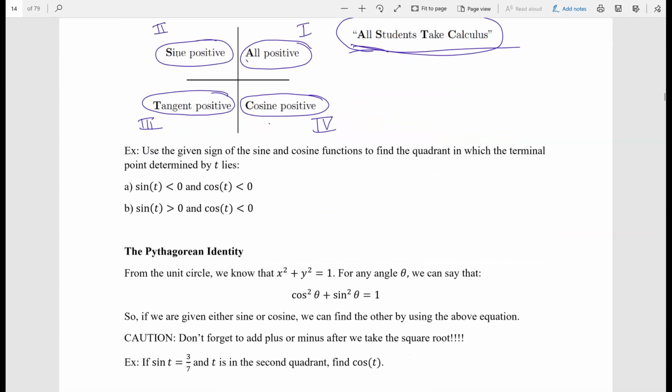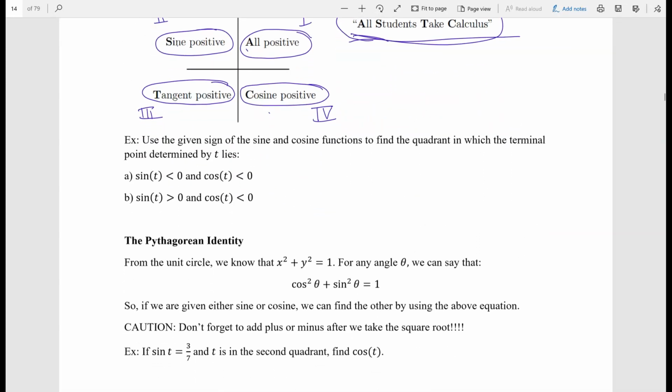So here is an example. Use the given signs of the sine and cosine functions to find the quadrant in which the terminal point determined by t lies. Here it tells you sine of t is less than 0 and cosine of t is less than 0. If you have a number that's less than 0, that means it's negative, right?